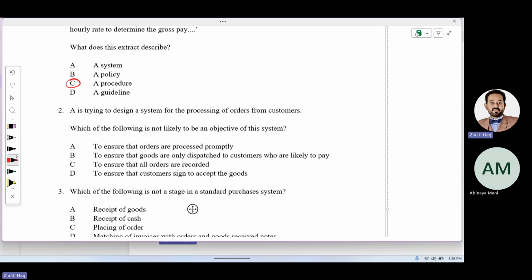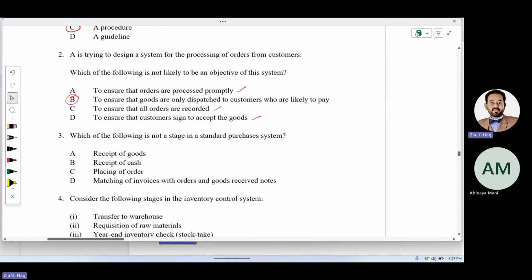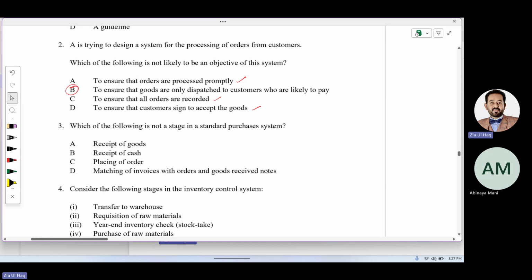That's why you are designing an order system from customers. Yes. To ensure that goods are only dispatched to customers who are likely to pay. No. To ensure that all orders are recorded. To ensure that customers sign to accept the goods. Yes. So what is Option B? Meaning all the others are purposes of sales system.